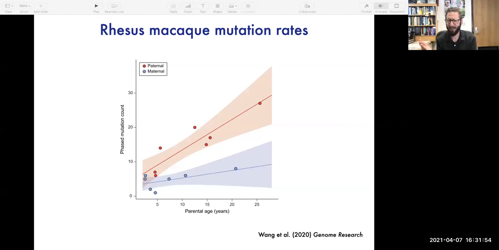So I think that kind of answers in the negative this connection between de novo mutation and autism in humans, unless all of the mechanisms of autism are completely different in macaques. But as you can see here, the number of mutations inherited from the male parent is going up with age, again, in macaques, and in females a little bit, but it's not significantly different from 0. So again, very, very similar to humans.